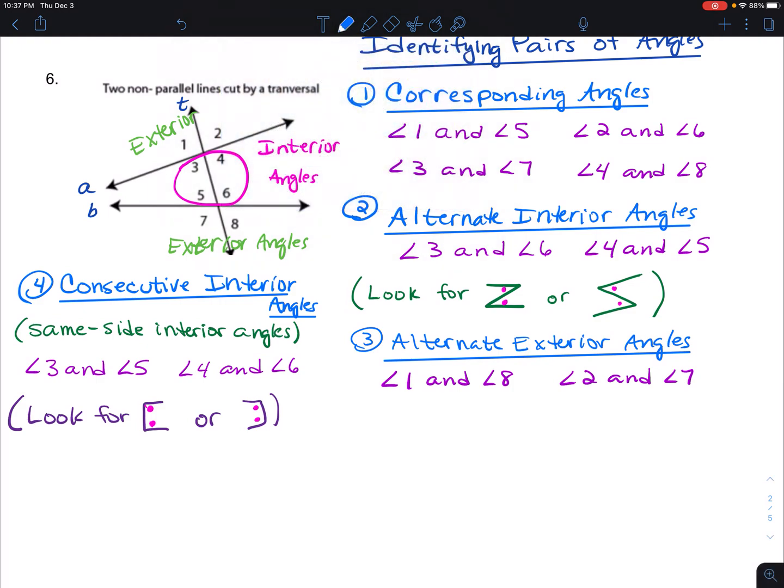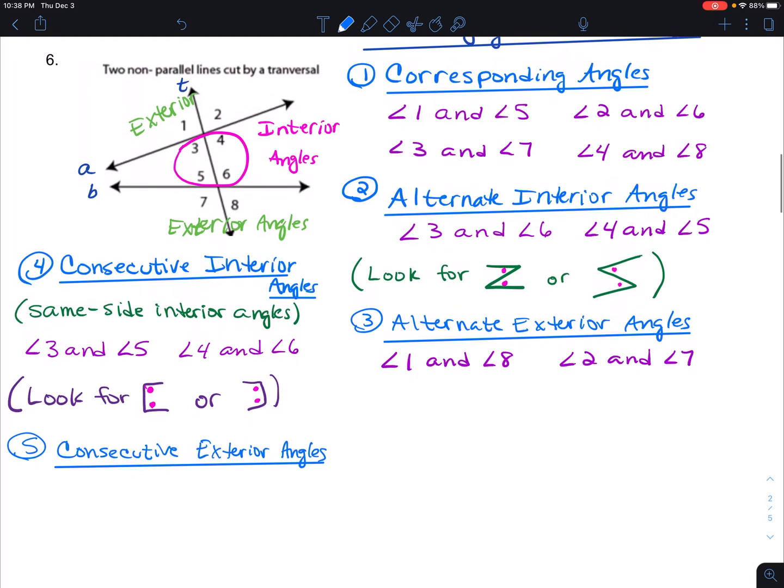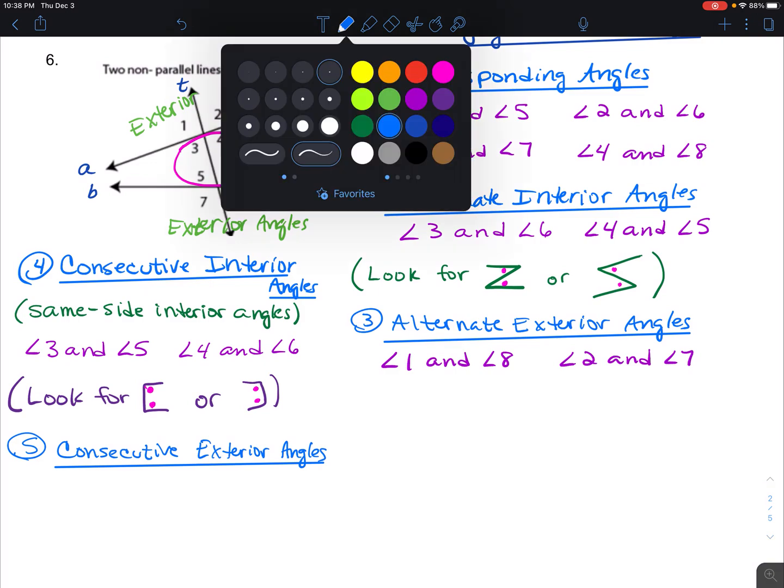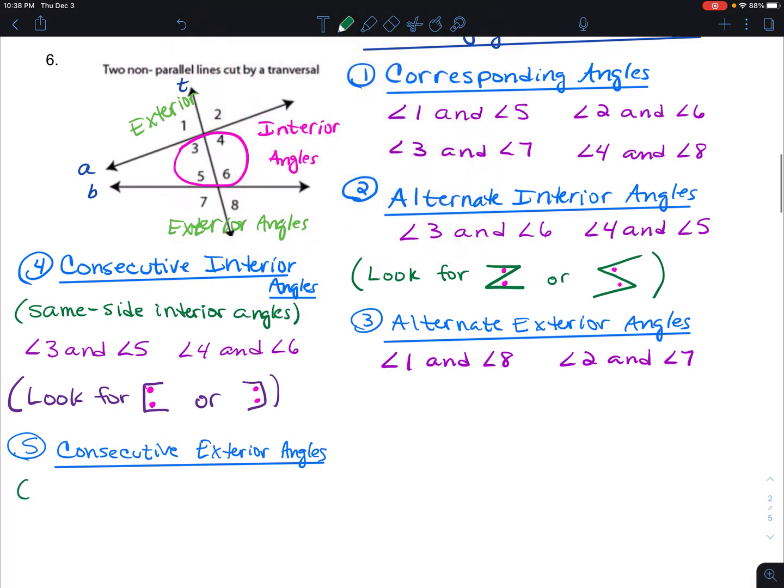Now, if we have interior, yes, we have consecutive exterior. And again, instead of saying consecutive exterior angles, it is also appropriate to call them same side exterior angles.